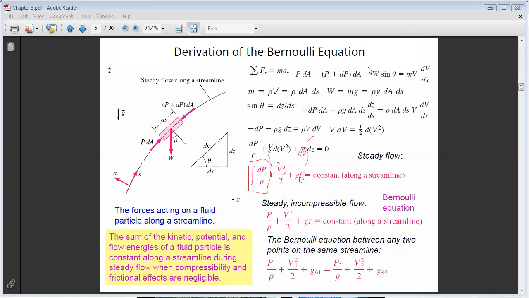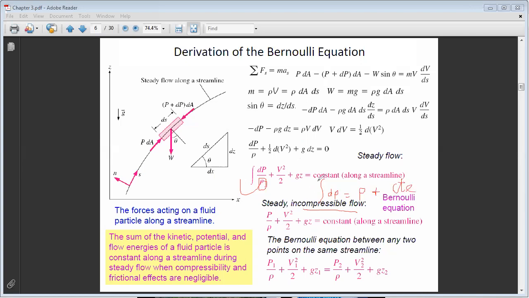In case rho is constant, so if I deal with incompressible flow, I can take rho outside of the integral, and I can replace integral dp by p. Of course, whenever you integrate dp, you obtain p plus a constant.